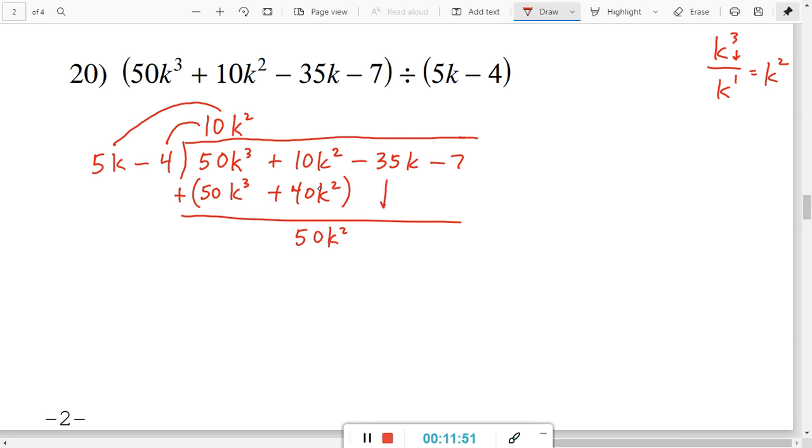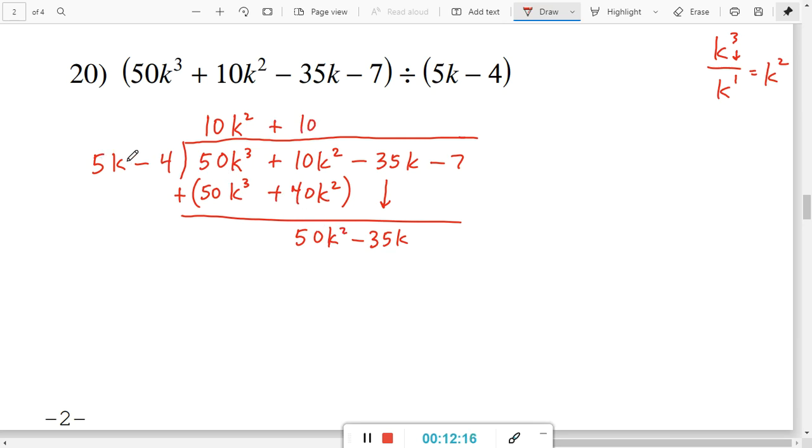Bring down the next term. Negative 35k. All right, and now we just repeat the process. 50k squared divided by 5k. Well, let's treat the numbers and the variables separate. 50 divided by 5 is positive 10.